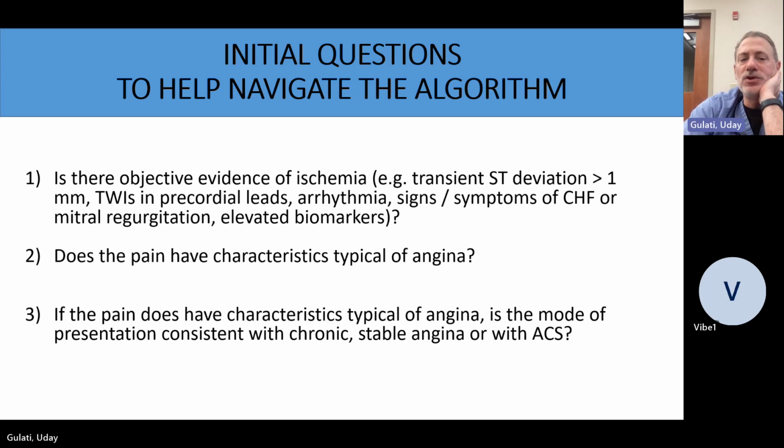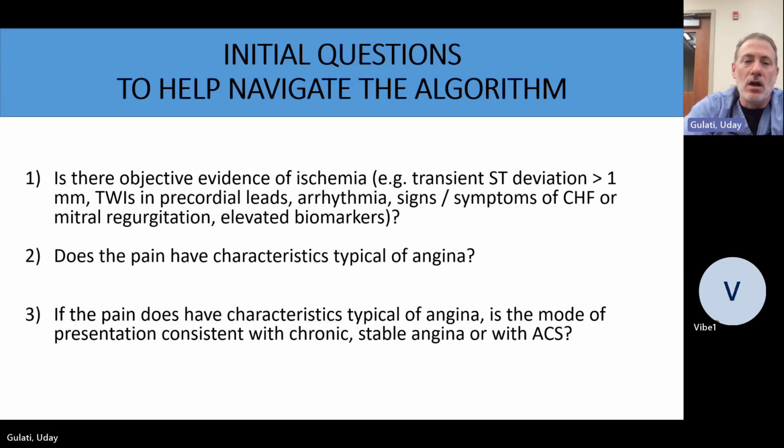So the first most important thing to figure out is does the patient meet criteria for immediate reperfusion? But we already talked about that. Let's say the patient doesn't. Number 1, is there any objective evidence of ischemia? So you'd be looking for transient ST deviations greater than 1 millimeter, T-wave inversions, particularly in the precordial leads, arrhythmia, signs and symptoms of heart failure or MR, elevated biomarkers.